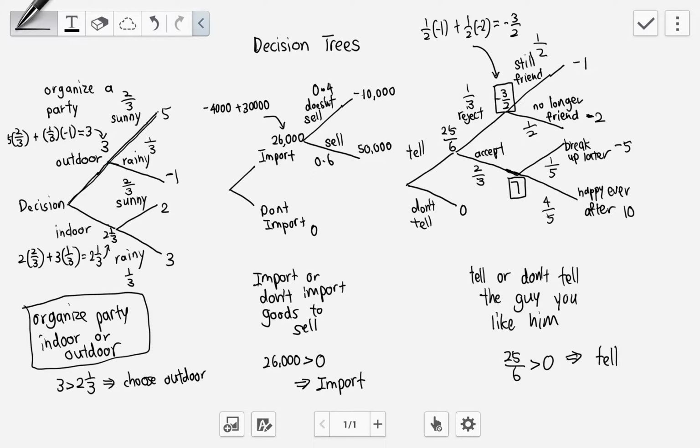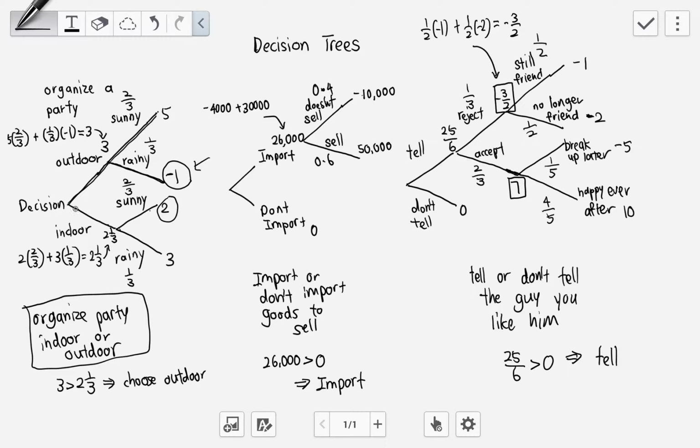But if it turns out to be a rainy day, then your utility becomes negative, because you won't be able to carry out a party. If you plan it for a rainy day, you're going to be unhappy. But if you decide to go indoor and the weather turns out to be sunny, you're happy, but not as happy as if you were outdoor.